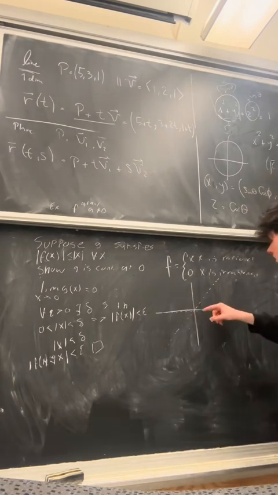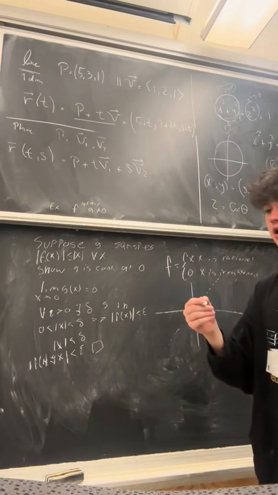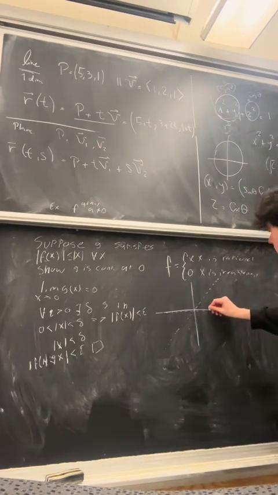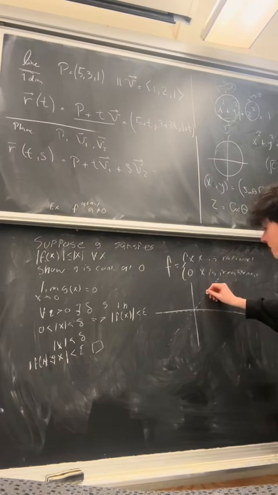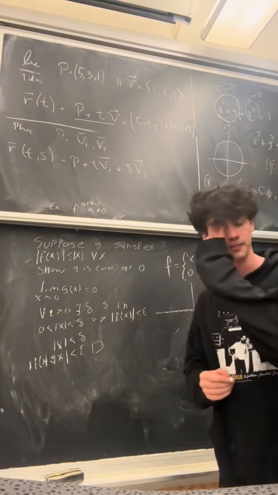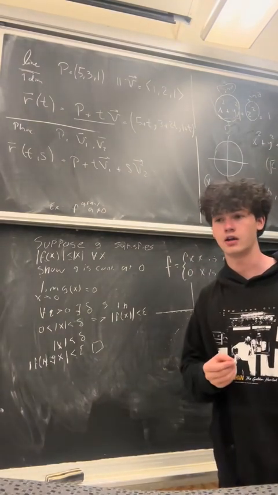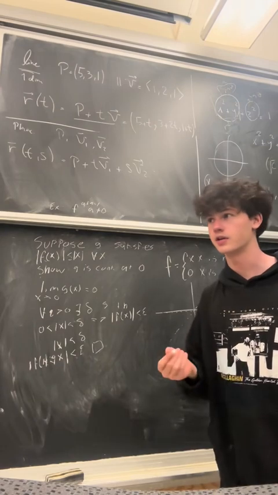But if we look at anywhere else besides 0, we just take epsilon equal to whatever this distance is, and divide it by 2. I haven't gone over how to disprove a delta epsilon definition, but you just need to find an epsilon that it doesn't work for.